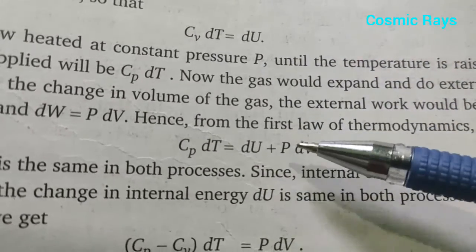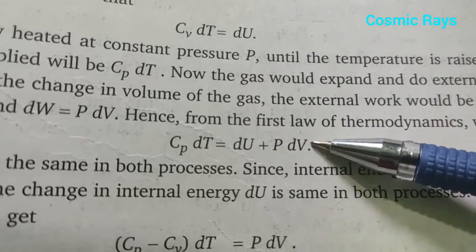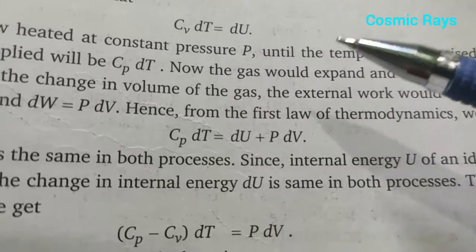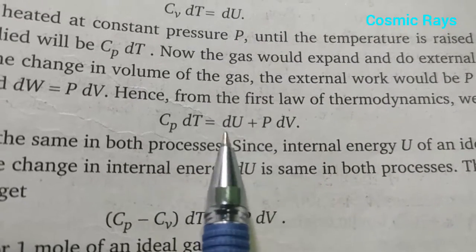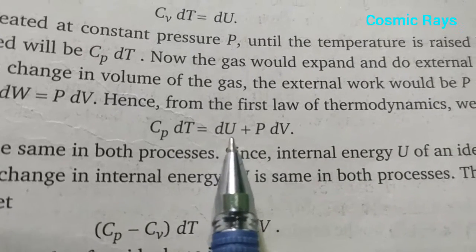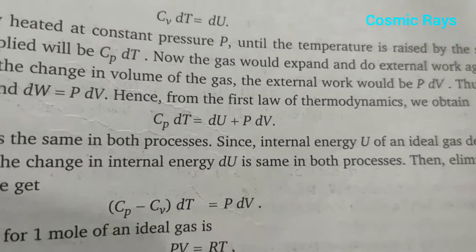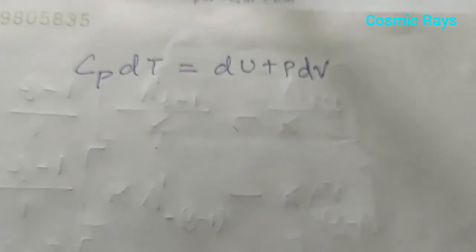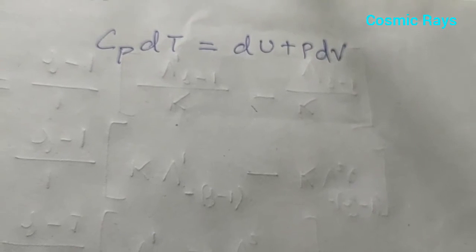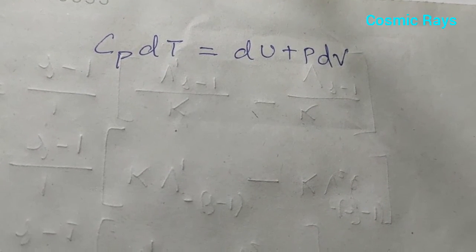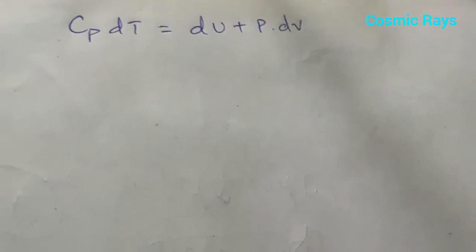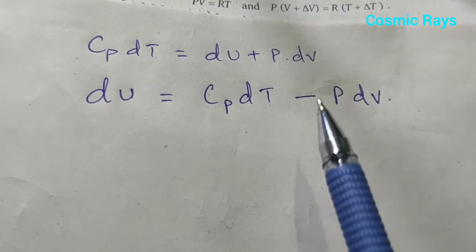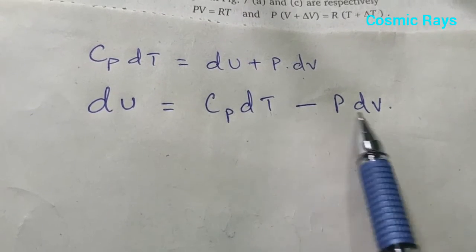So we will transform this equation in terms of du so that we can equate the two. We have the equation Cp dt is equal to du plus P dV. So du would be equal to Cp dt minus P dV. P dV goes to the other side, so it becomes minus P dV.